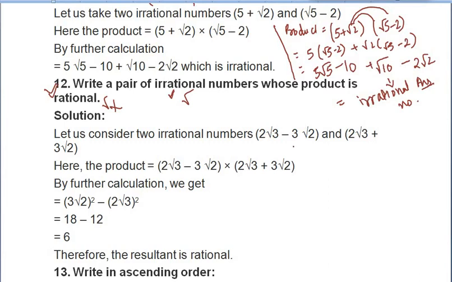You can consider numbers from your side also, like the numbers given here, but you can also consider from your side, like 5 plus under root 2 and 5 minus under root 2. Let us take these as two irrational numbers. We will try to find out the product.